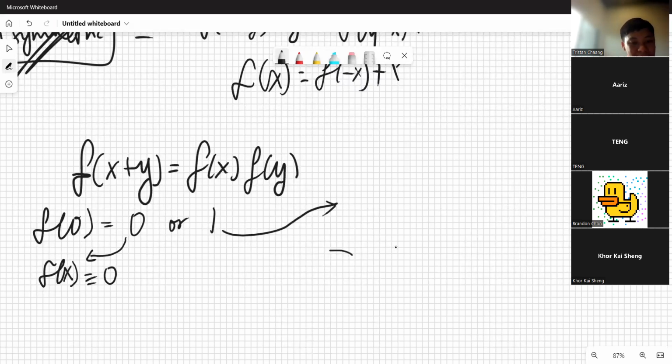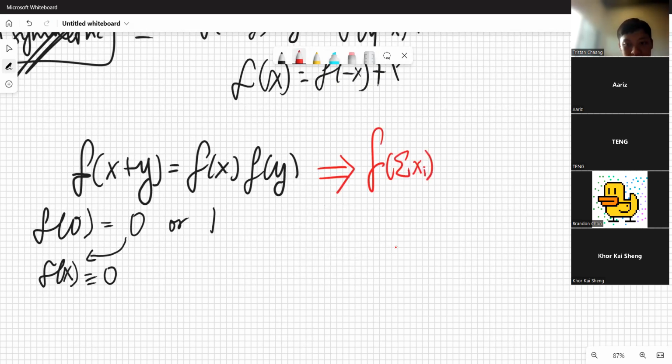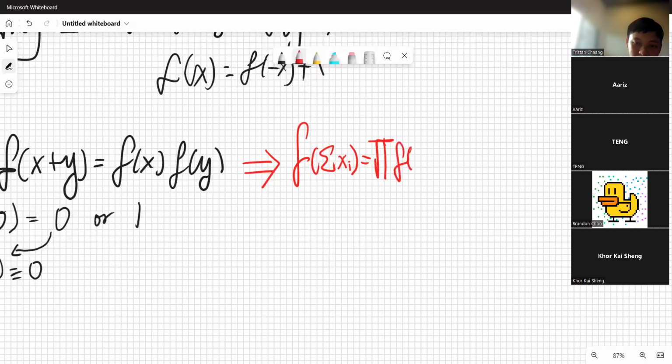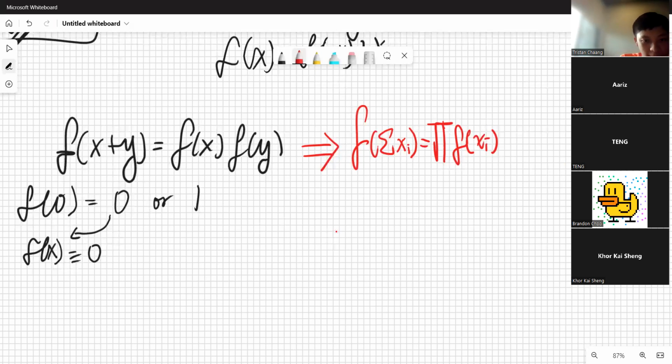So here, we can imitate the Cauchy equation and generalize to n variables: f of the sum of x_i equals the product of f(x_i). So f(0) is 1, and again, we don't know what f(1) is, but I think it will depend.